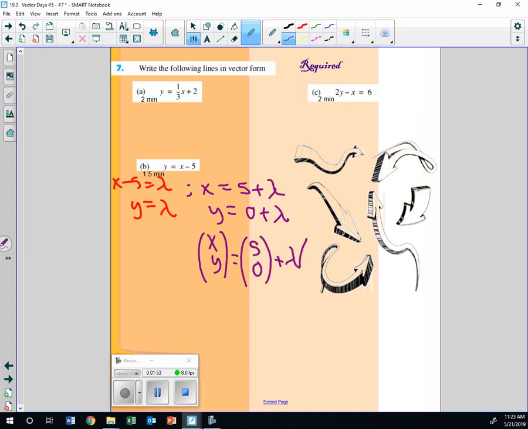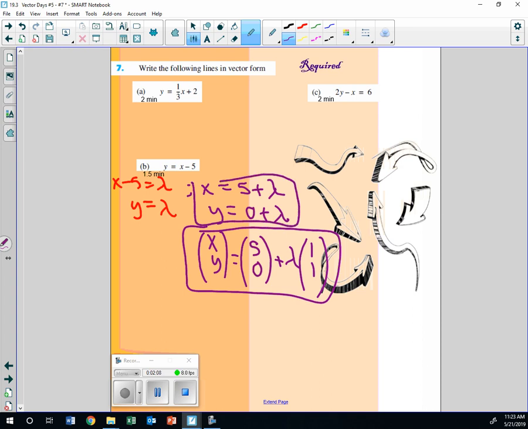Here's lambda. Oh, 1, 1. There's the direction. So that line, y equal x minus 5, can be turned into this vector form. Notice that this is parametric. This is parametric. And this guy is your vector form. That's pretty cool. You try part A.